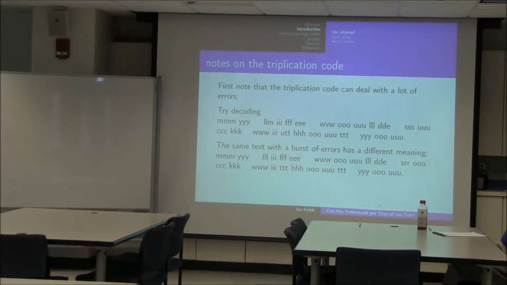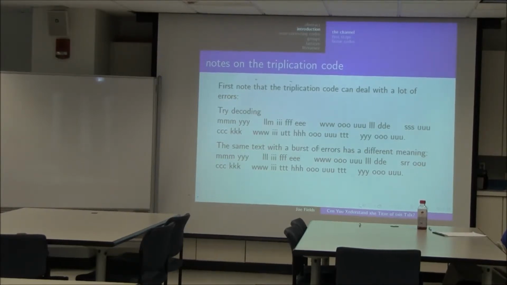There are special codes that deal with bursts, by the way. The code that's used for a CD or a DVD has to deal with burst errors because when you put your fingerprint on that disk, you erase 10 or 12 bits in a row. Well, it could be hundreds of bits in a row depending on how grubby your fingers are. And that's a burst of errors.